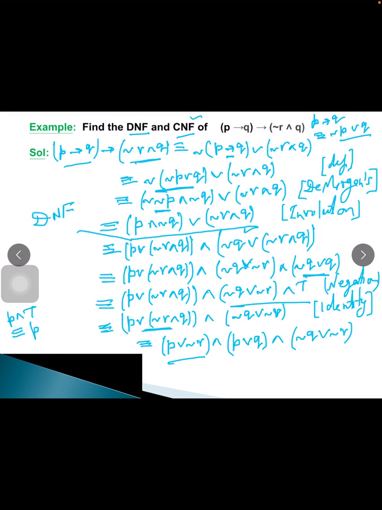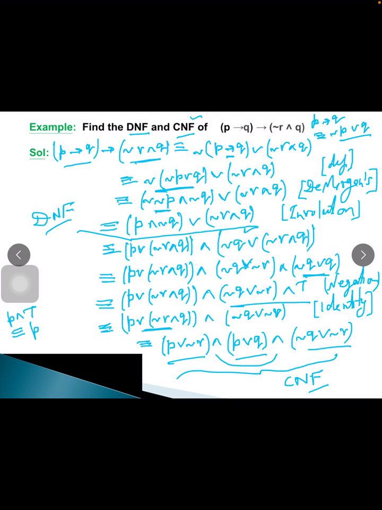This is a disjunctive clause, again a disjunctive clause, again a disjunctive clause, and all these disjunctive clauses are connected with the conjunction. So this form is called the conjunctive normal form, CNF. Like that you can find your DNF and CNF from the given expression by using the procedure I told you earlier. Clear?